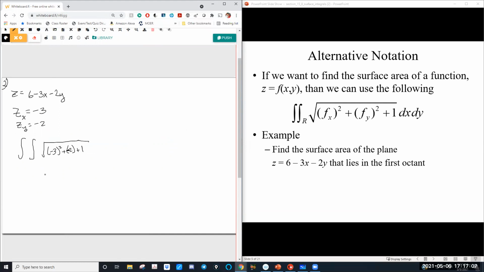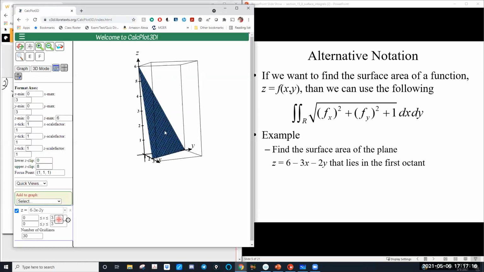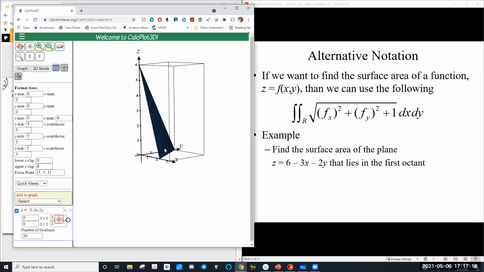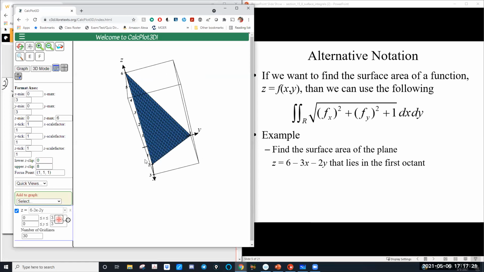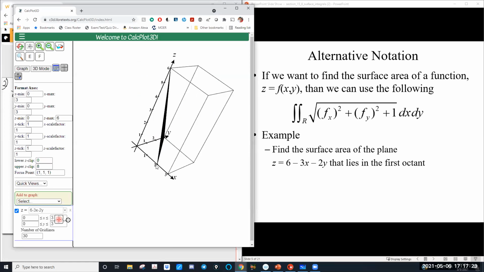And now we need to think about our order of integration. We're integrating over a region R. That region R is our shadow region in the XY plane. We've talked about that a little bit before. For this particular surface, it's this triangle in the XY plane.